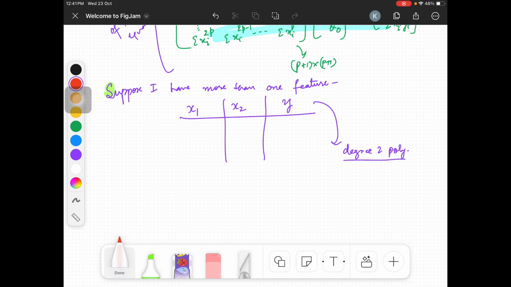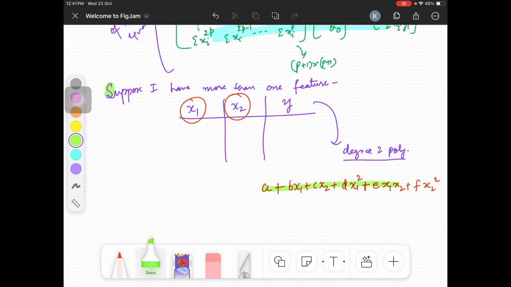Because we have to consider x1 and x2, it will be something like this: a plus bx1 plus cx2 plus dx1 square plus e x1 x2 plus f x2 square. So you can see that this is going to be a complex polynomial, right? So when we are fitting polynomials of degree more than 1 and doing the regression problem, simply doing the hand calculations is very tough.